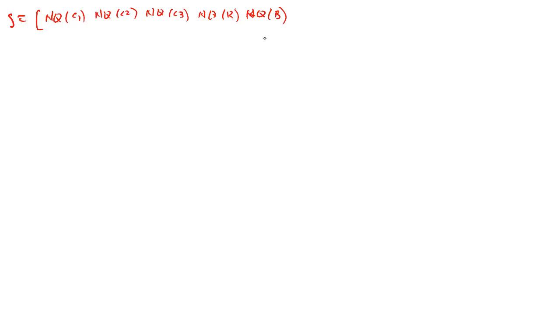So the first 5 elements of our vector are the Q states. Then we have the busy states: BC1, BC2, BC3, BK, BD. So we have a 10 element vector where each element corresponds to one component of the system state.